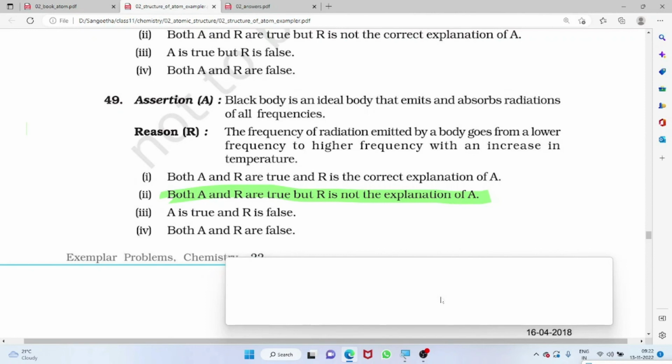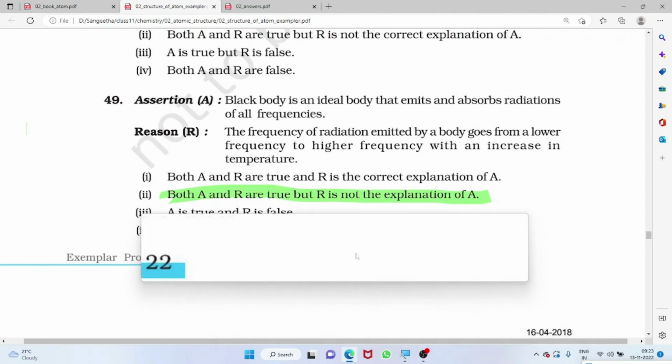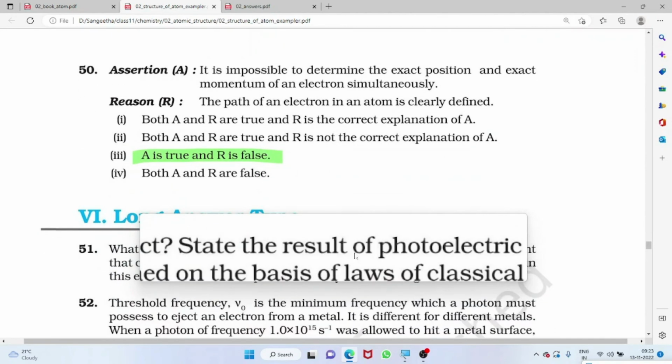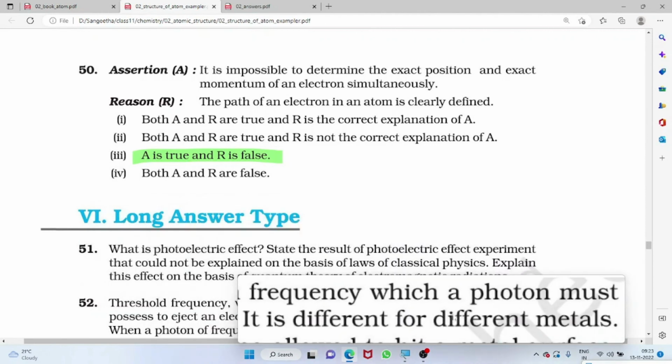The frequency of radiation emitted by the body goes from lower frequency to higher frequency with an increase in temperature. Both A and R are true, but R is not the explanation of A. It is impossible to determine the exact position and the exact momentum of electrons simultaneously. The path of the electron in an atom is clearly defined. A is true, but R is false.